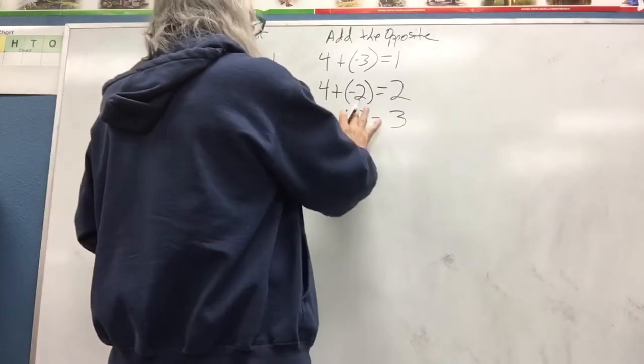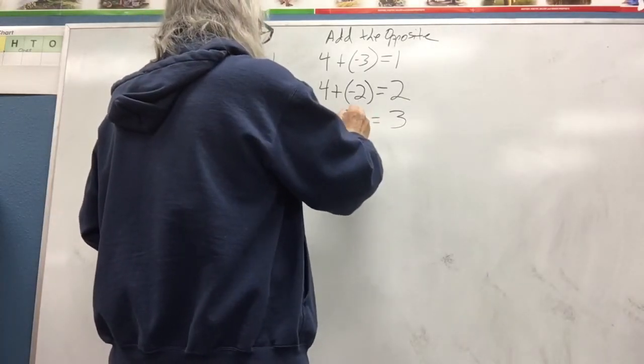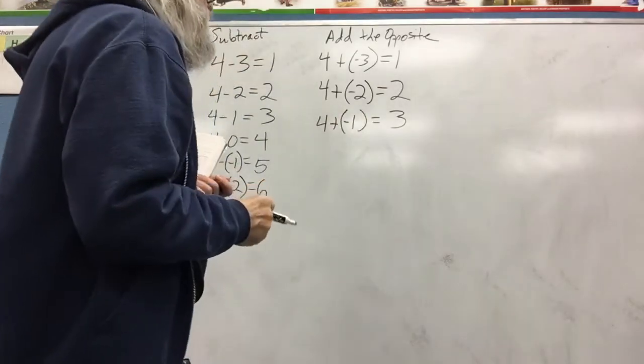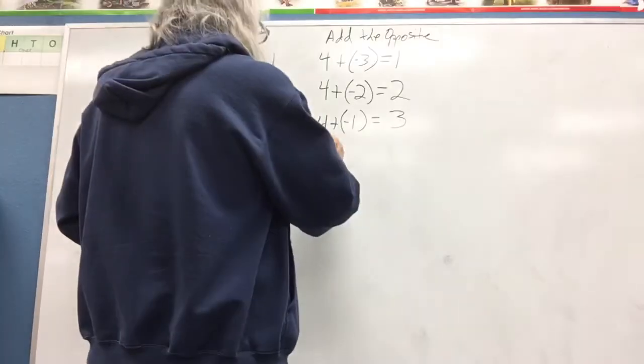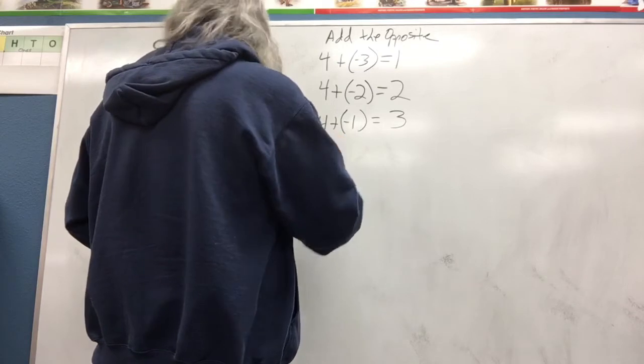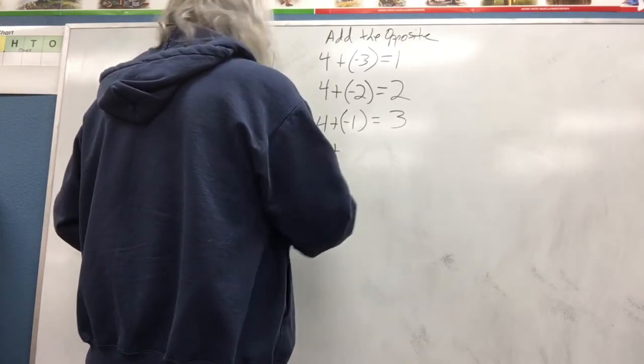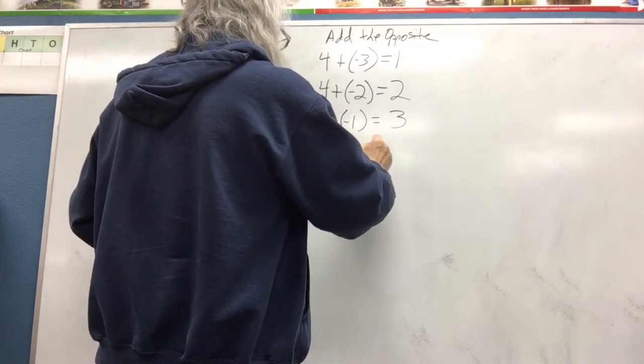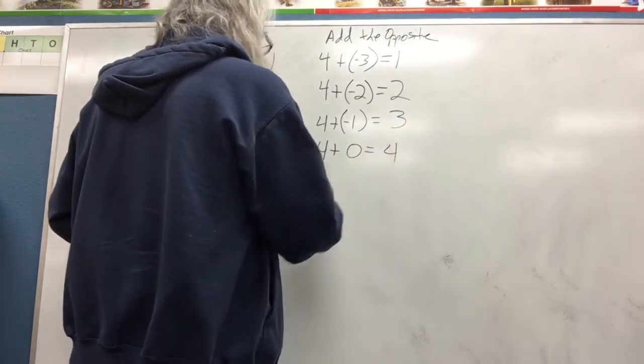Oops, sorry. I went the wrong way. Okay. Then 4 plus 0 again is 4.